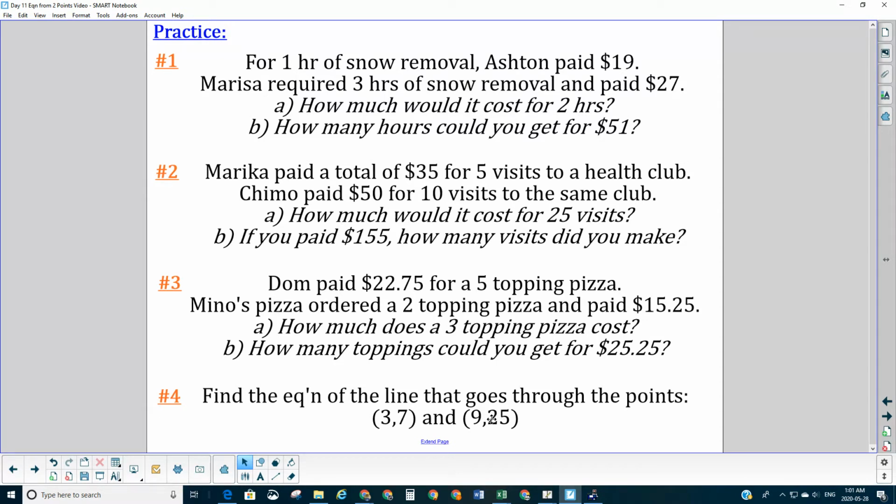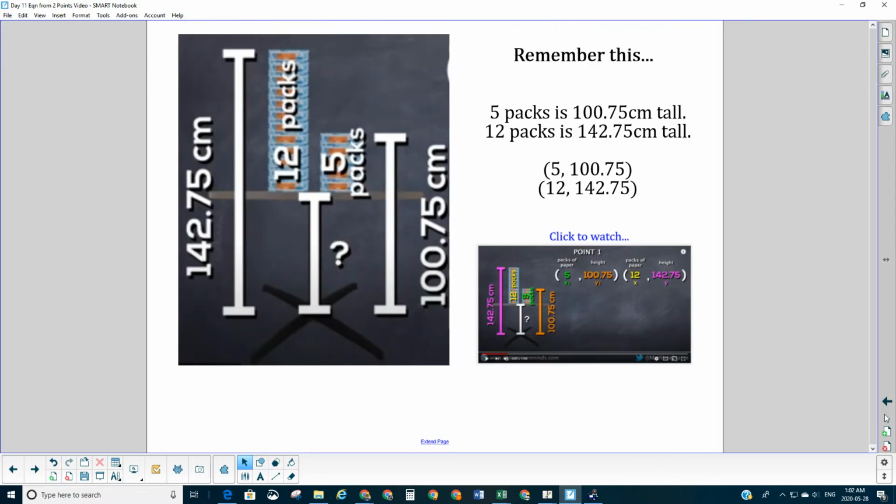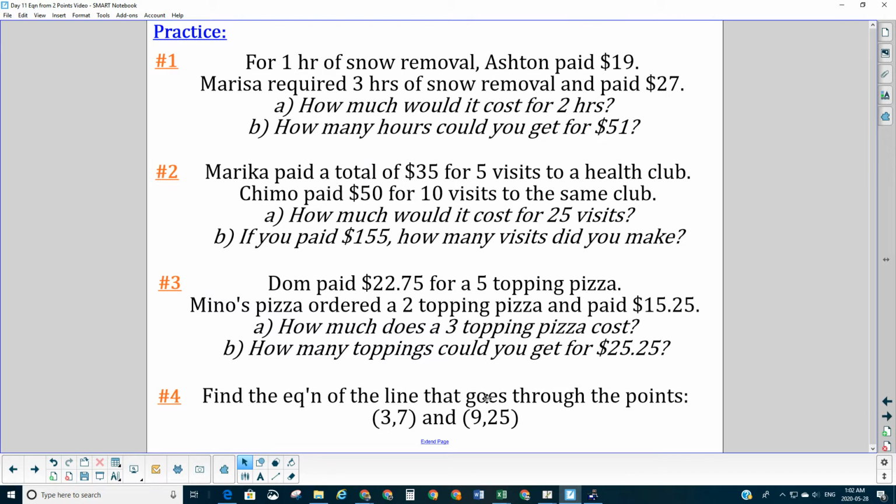And because I'm giving you coordinates on a Cartesian plane here, you're going to find the equation of a line, just like you're finding the equation for everything else. It's the same math. You're still finding an equation, and here's your point, so you're still going to find the slope. But because it's a little bit more abstract, you might end up with negatives in this question, and that would be fine.